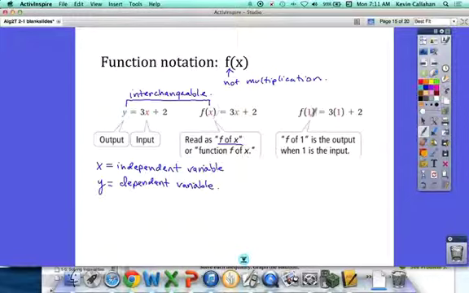So in this third representation where it says f of 1, that means in place of the x in 3x plus 2, put a 1. So f of 1 is 3 times 1 plus 2, which is 5. So here's this, that is a point on a graph. When x is 1, y is 5.